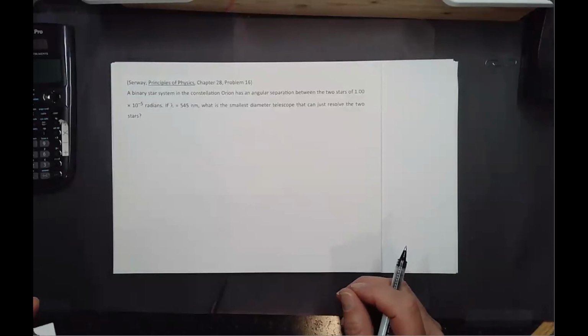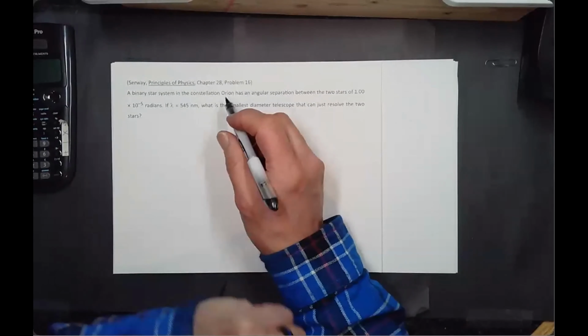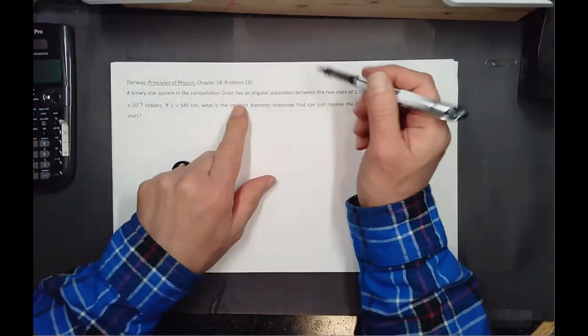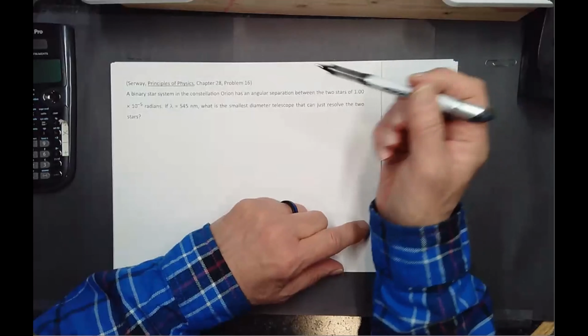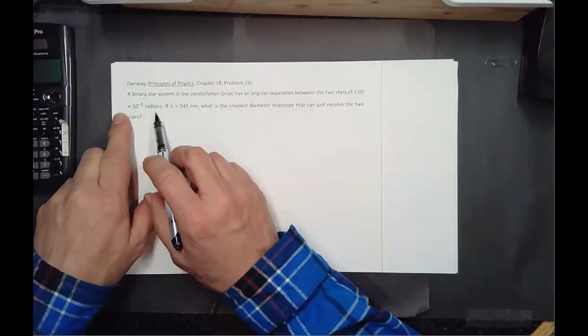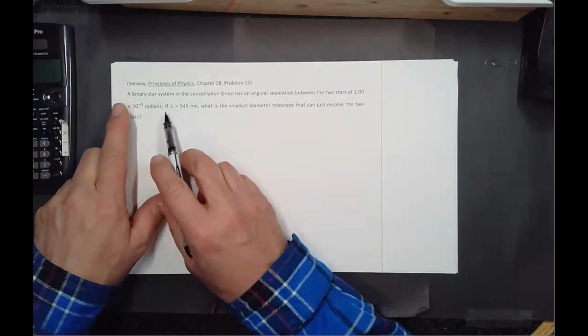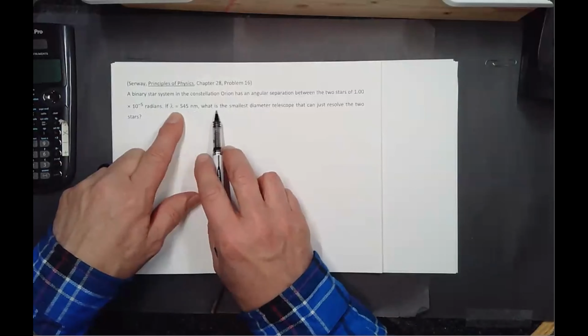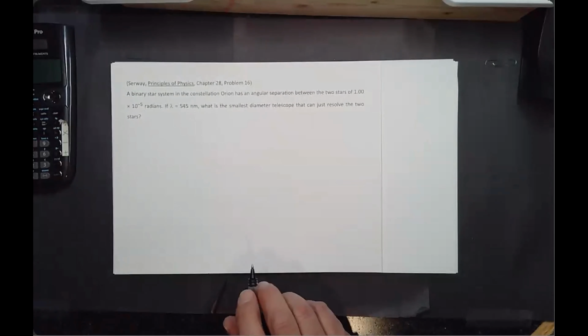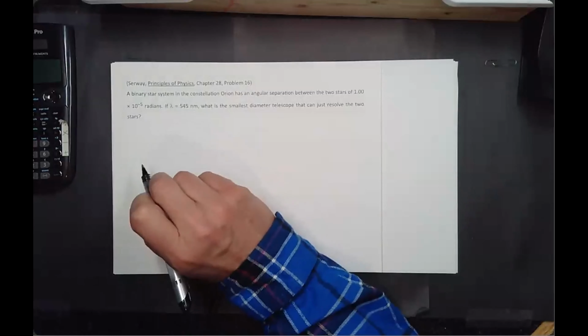Let's see. Okay, so we've got a binary star system in the constellation of Orion. It has an angular separation between the two stars of 1.00 times 10 to the minus fifth radians. If lambda is 545 nanometers, what's the smallest diameter telescope that can just resolve the two stars?